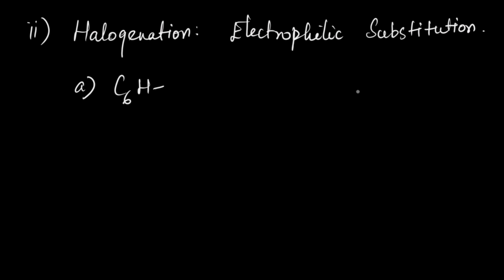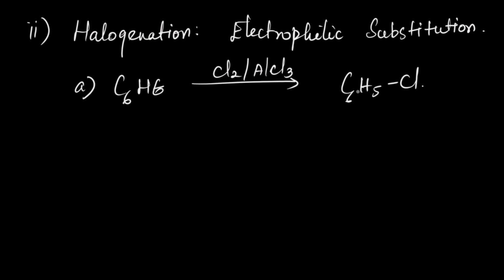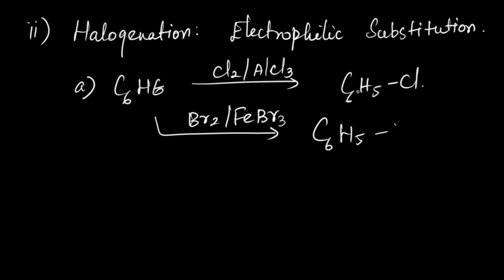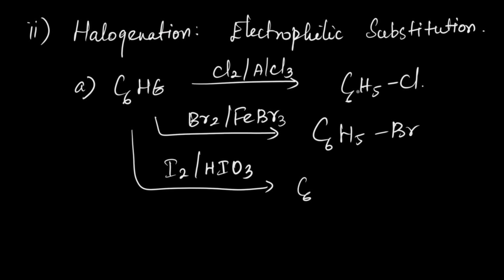The simple substitution you can remember is benzene reacting with chlorine, bromine or iodine. C6H6 reacting with Br2 with FeBr3 gives C6H5Br. We should take any Lewis acid so that it facilitates the electrophile formation. And if I am treating it with iodine with HIO3, it gives us C6H5I.